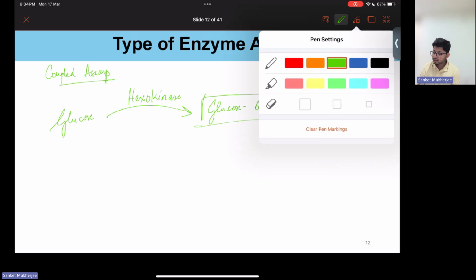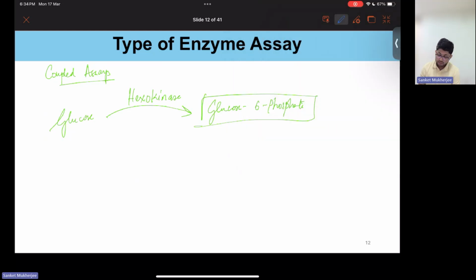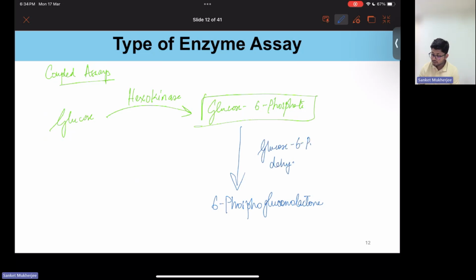So you have another reaction which converts glucose 6-phosphate to 6-phosphogluconolactone, which can be measured using glucose 6-phosphate dehydrogenase enzyme.